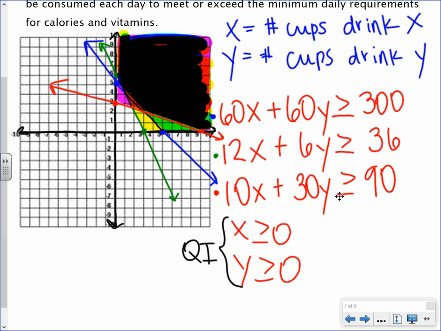Okay. So we have an unbounded solution set here. How many vertex points are there? How many corners do we have?